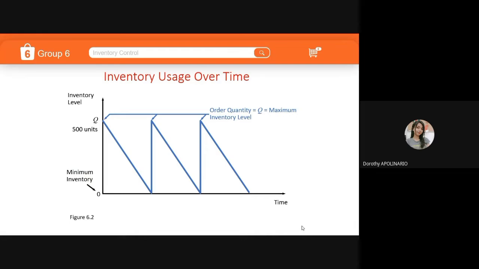So the inventory level goes from 0 to 500 units when an order arrives. And because demand is constant over time, the inventory drops at a uniform rate over time. When the inventory level reaches 0, another order is placed and received, and the inventory level jumps to, for example, 500 units again, and this process continues indefinitely over time. Next, please.